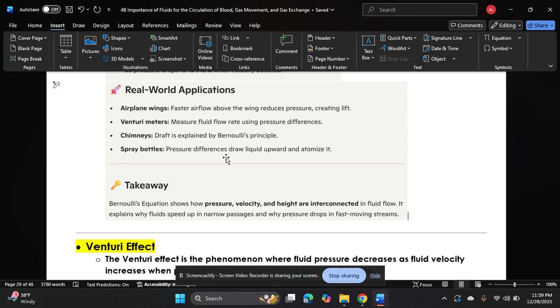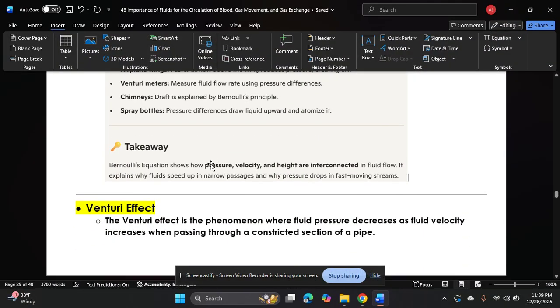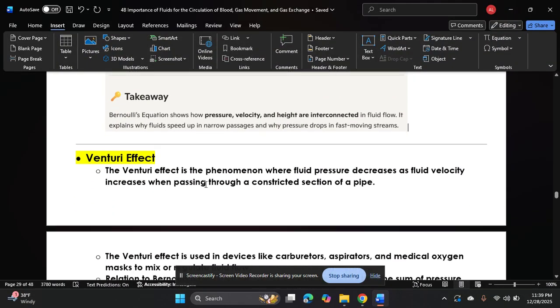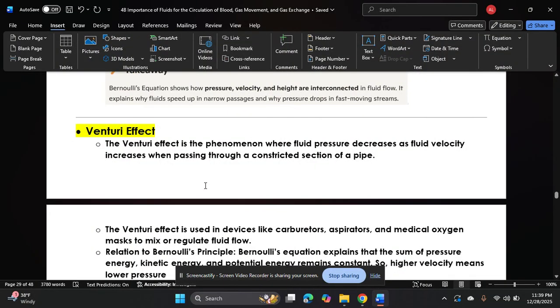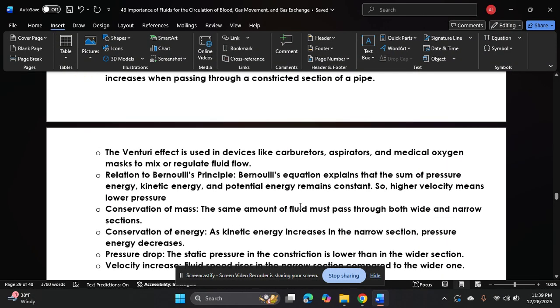All right, Bernoulli's equation shows how pressure, velocity, and height are interconnected in fluid flow, right? It explains why fluids speed up in a narrow passage and why pressure drops in fast-moving streams. So there is an inverse relationship between velocity and pressure. Venturi effect, very important. The Venturi effect is the phenomenon where fluid pressure decreases as fluid velocity increases when passing through a constricted section of a pipe, right?